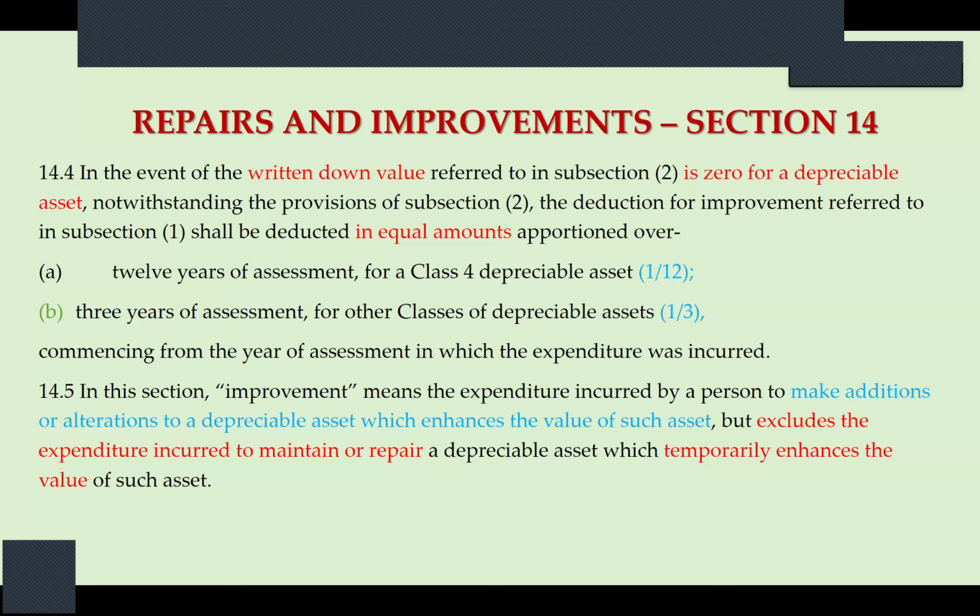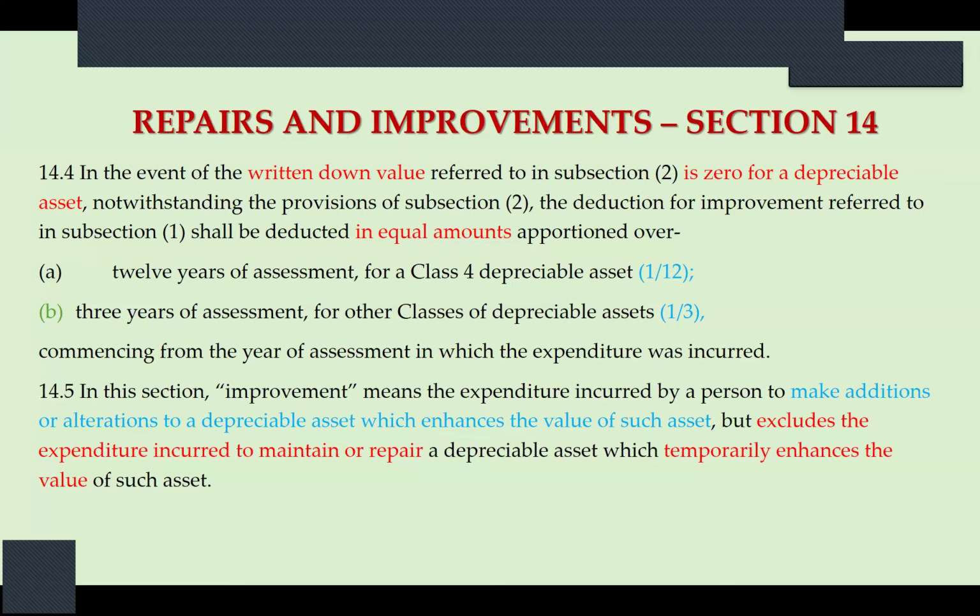It says improvement means the expenditure incurred by a person to make additions or alterations to a depreciable asset, which enhances the value of such asset. That means day-to-day repairs and running repairs are not considered an improvement cost. It is just a repair expenditure. A temporary enhancement of value is also not considered an improvement.